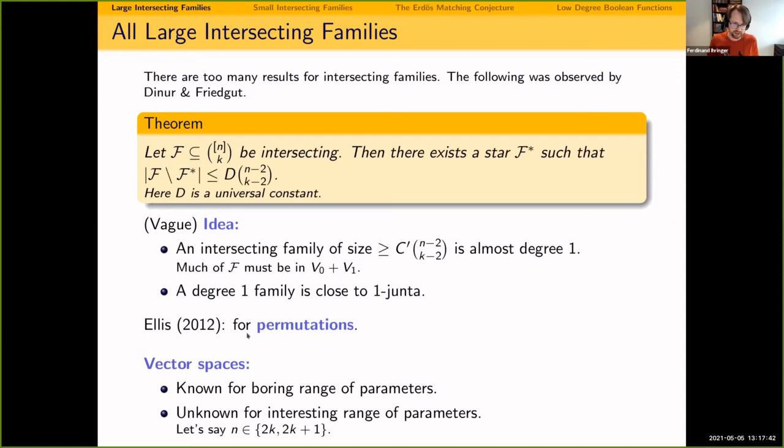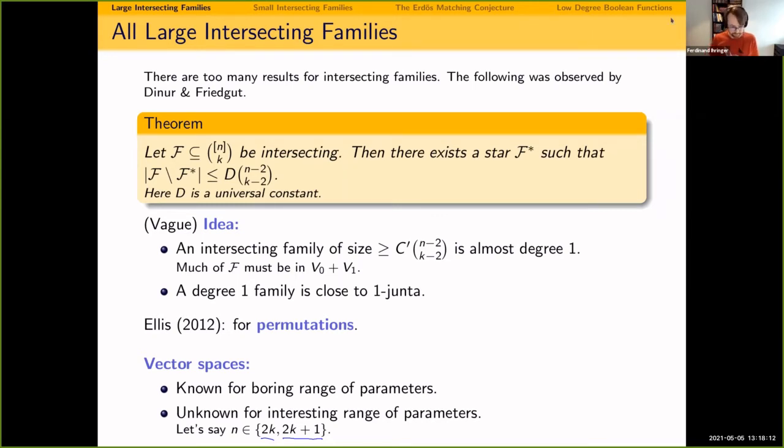And for vector spaces, getting a vague statement like this is sadly boring for a large amount of parameters, and for the range of parameters which I consider interesting, that would be something like n equals 2k or 2k plus 1, there is not much known, that I'm aware of, that is particularly good beyond what you get from the Hilton-Milner theorems.